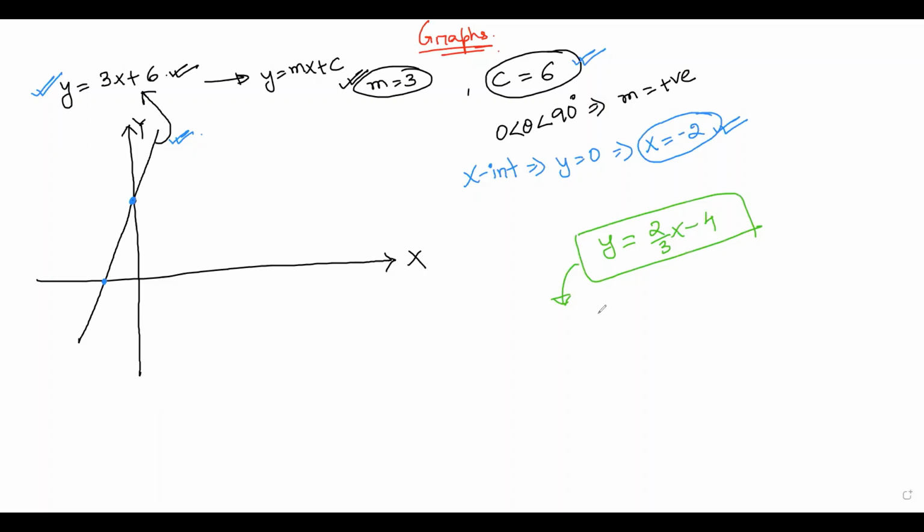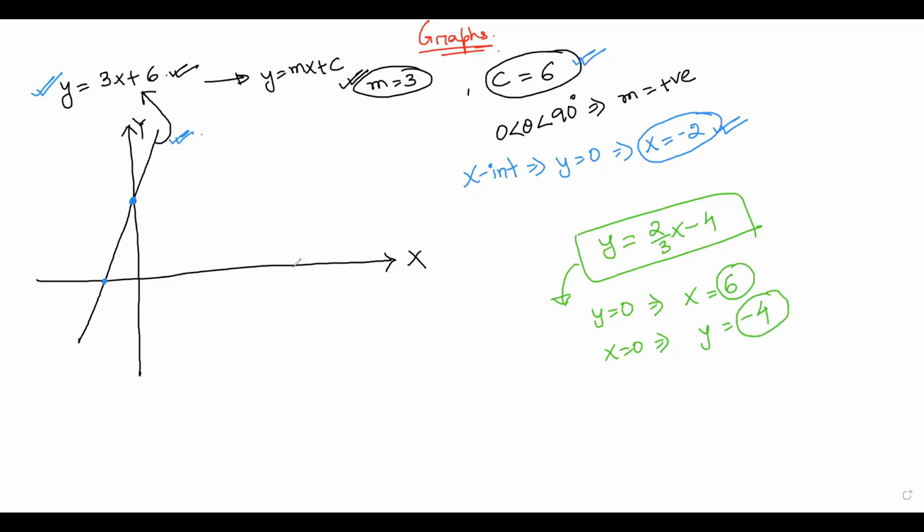To find the x-intercept, we put y to be 0. In that case, the value of x would be 6. And if we put x to be 0, the value of y would be minus 4. So the x-intercept is 6 and the y-intercept is minus 4.